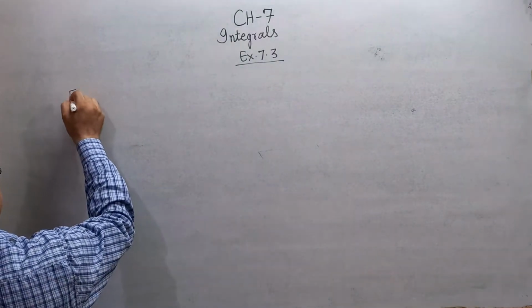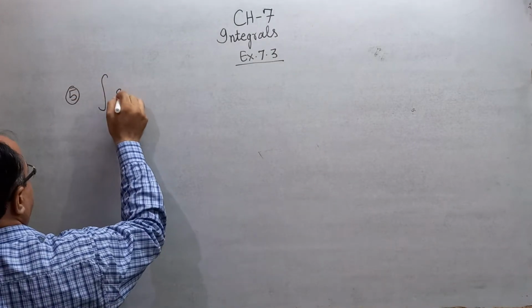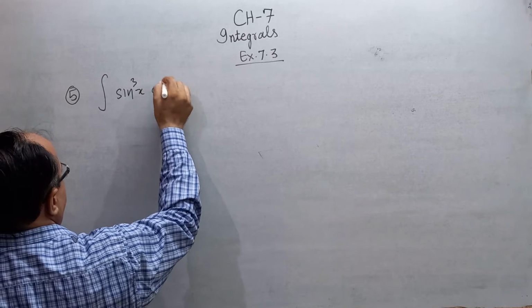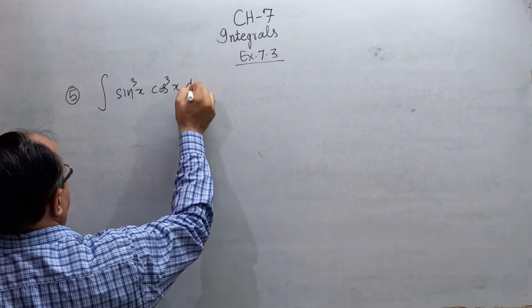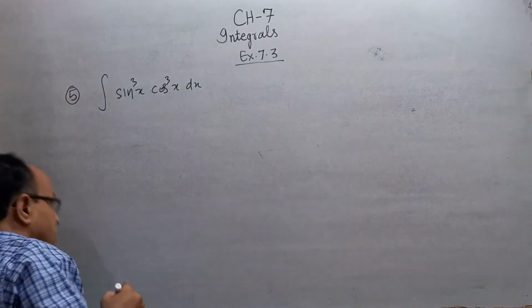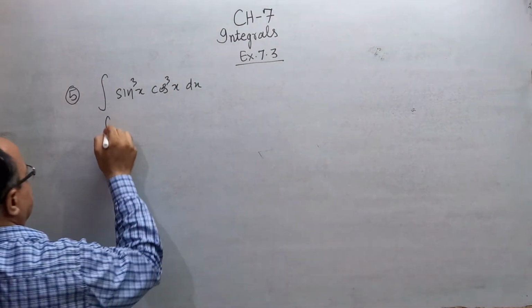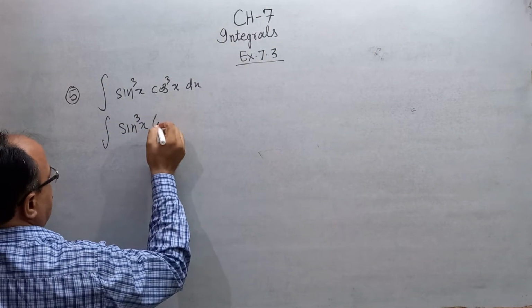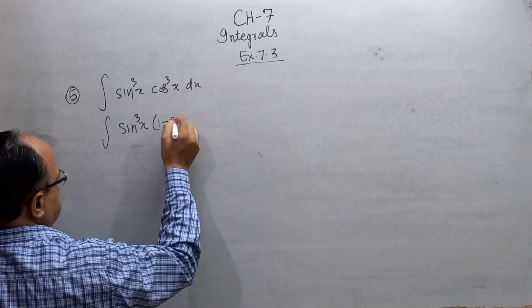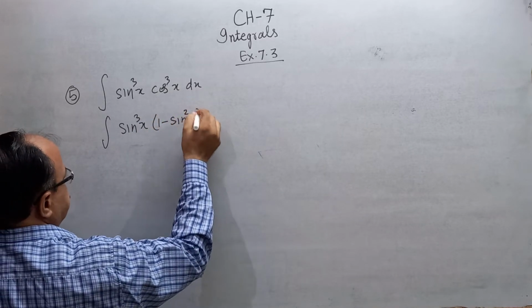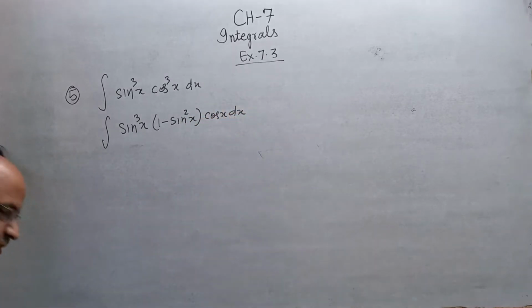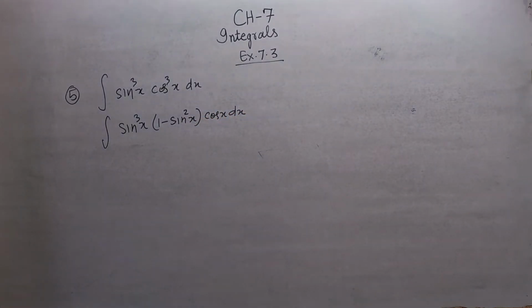Next, question number 5. Integration sin cube x cos cube x dx. You know that sin cube x you can break as sin square x into sin x, and cos square x you can write as 1 minus sin square x, into cos x dx. Right?